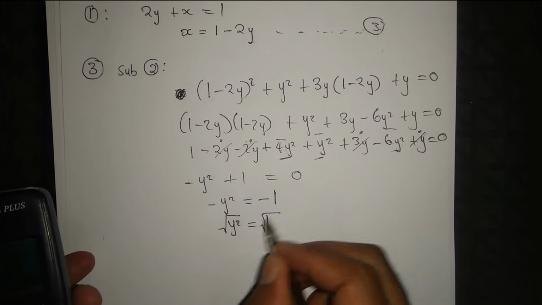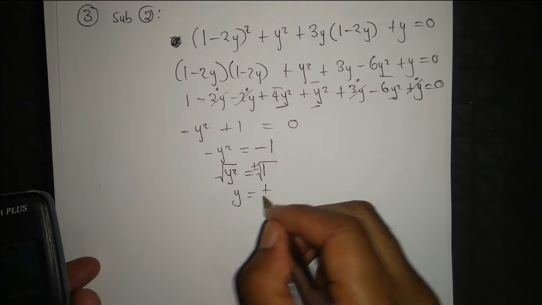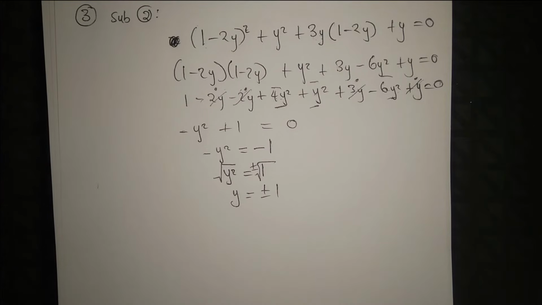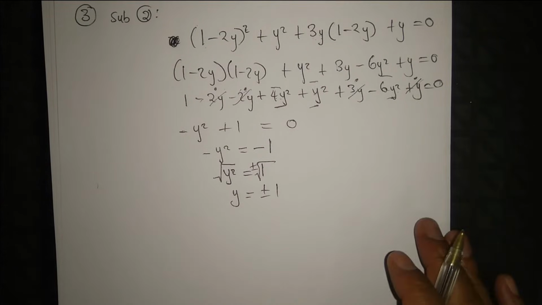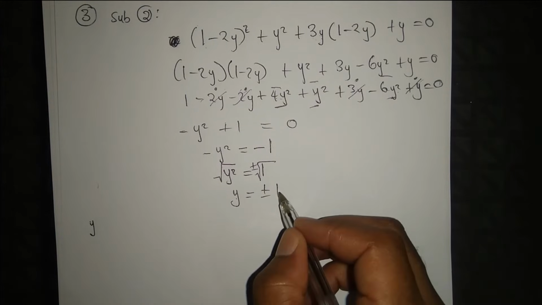So square both sides, plus minus, so y is equal to plus minus 1. So the y value is equal to plus minus 1, right?